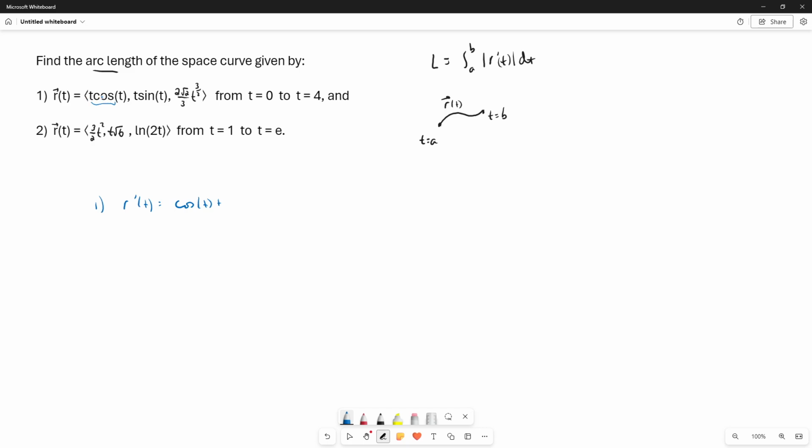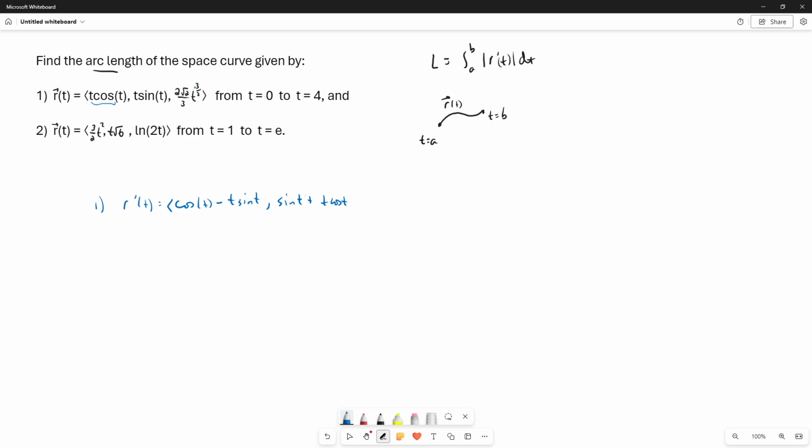So t times negative sine t, so I put that plus sign there prematurely. So that's going to be minus t sine t. And then same idea for the second component, sine t, and then plus t cosine t.